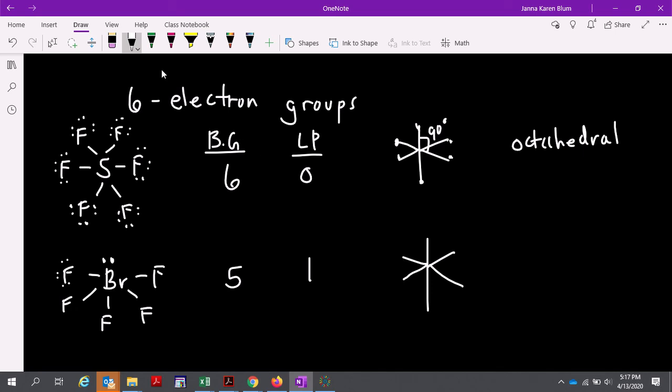This is a symmetric molecule, and so it doesn't really matter what I pick. So I'm going to pick this bottom guy. And we'll put that down there. And what you're left with when I take out the bottom is a square base pyramid. Square pyramidal.